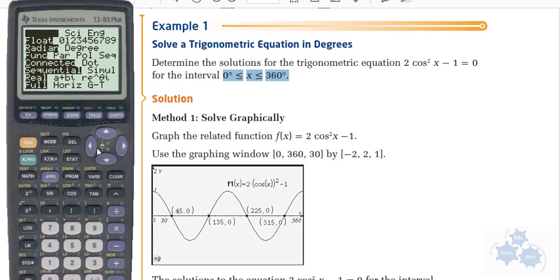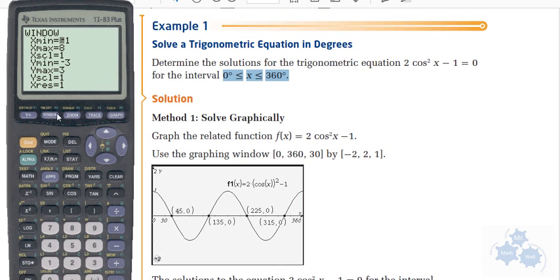So I think I might just do that in case you want to do that. So mode, let's go to degrees, and then my window, your x max, instead of 8 radians, we need at least 380 degrees to see that. So it shouldn't change too much, other than you have 380 little tick marks here. Okay. So let's find this next intercept.